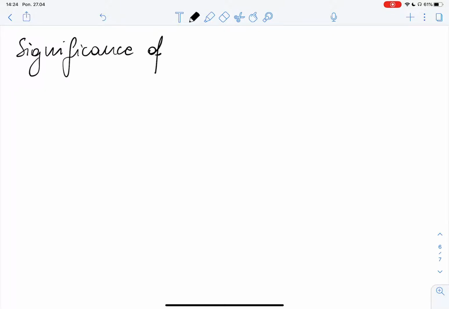Okay, guys, so let's talk a little bit about the significance of them. In the past, they were a huge thing. And by the past, I mean over 200 million years ago. That's first.